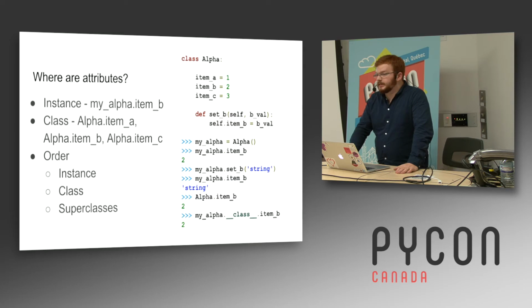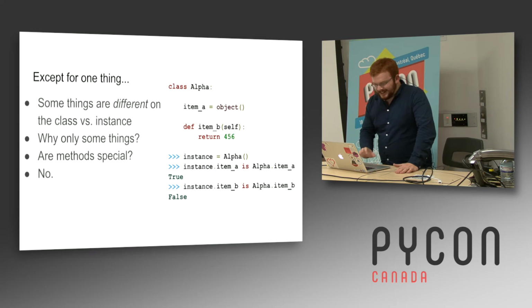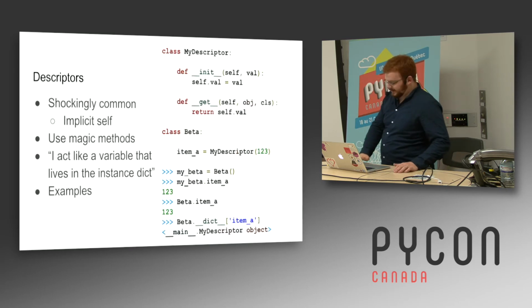If it's not there, we look in the class dictionary, and further on down the line, with any inherited classes, we'll look in their dictionaries as well, and the first item we find will be the one we use. So that seems pretty simple, except when it is not.